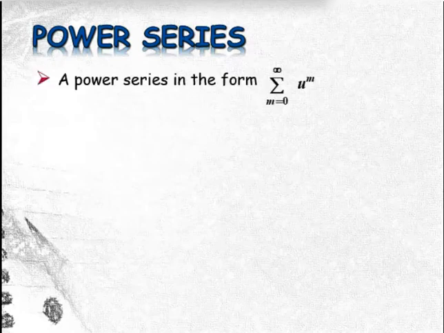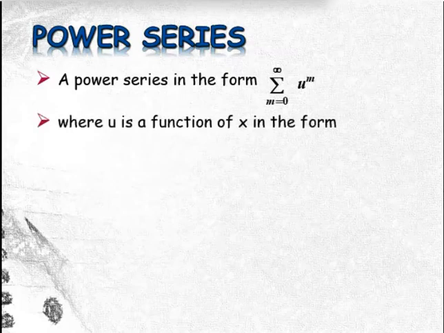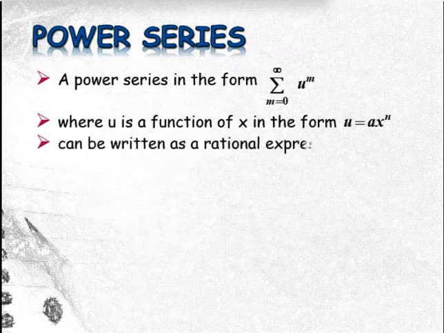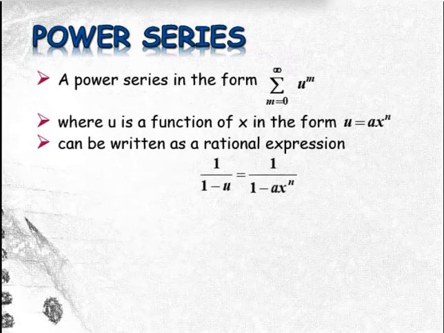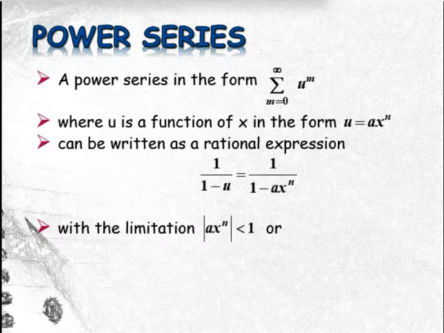A power series in the form summation of u to the m from m equals 0 to infinity, where u is a function of x in the form u equals ax to the n, can be written as a rational expression equivalent to 1 over 1 minus u, or 1 over 1 minus ax to the n, with the limitation that the absolute value of ax to the n must be less than 1, or the absolute value of x must be less than the nth root of 1 over a.